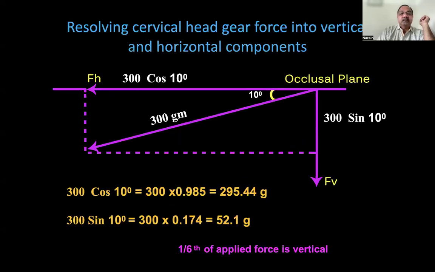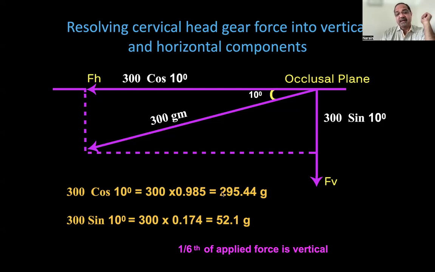Now, let us say you are giving a cervical pull headgear, and this is the occlusal plane. The force vector and the occlusal plane form an angle of 10 degrees, and you are giving 300 grams of force. To know the horizontal force, the formula is F cos theta, so 300 cos 10 degrees.